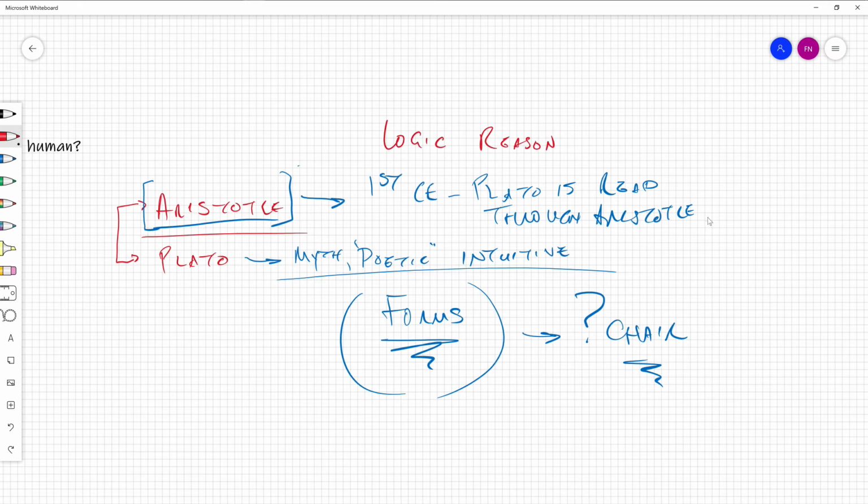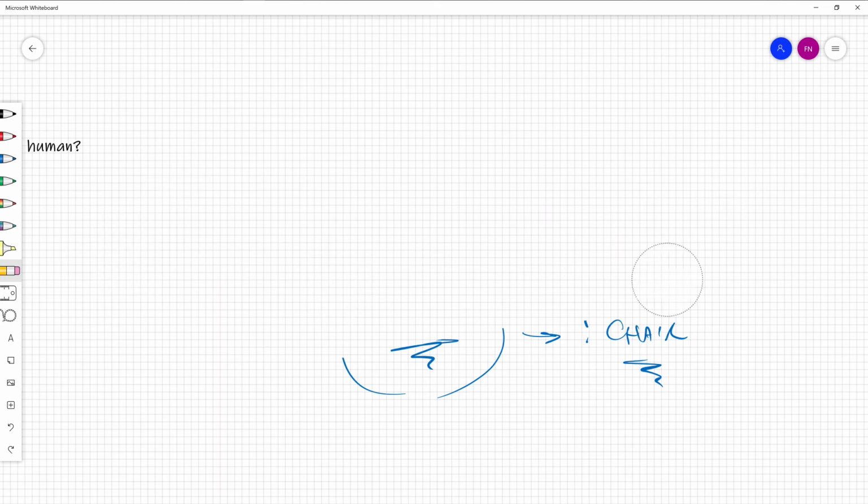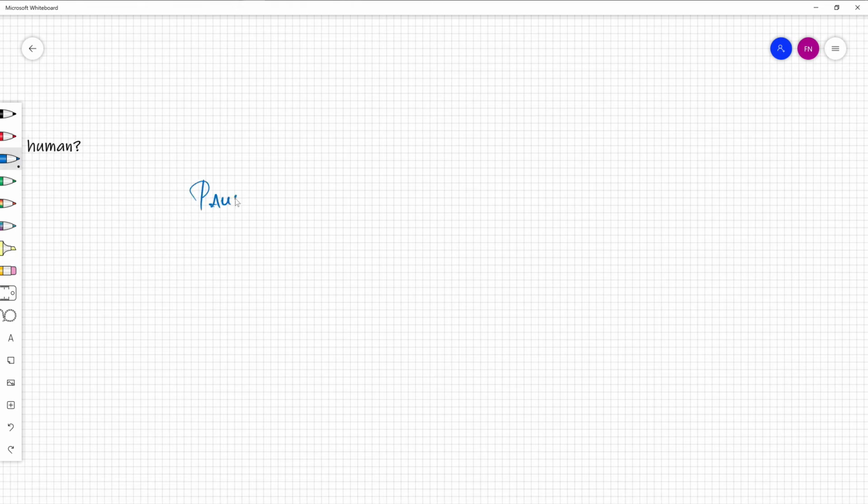Throughout the course of Western history and at critical turning points, for example, in the first century, when Paul, who was a Roman citizen, though a Jew, takes his message of Christianity and he adds to it Greek thought.